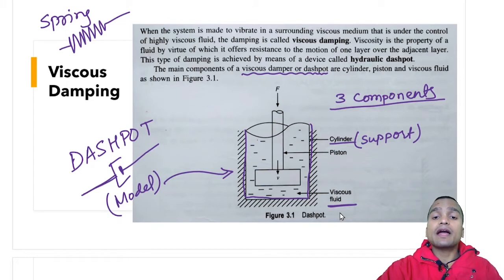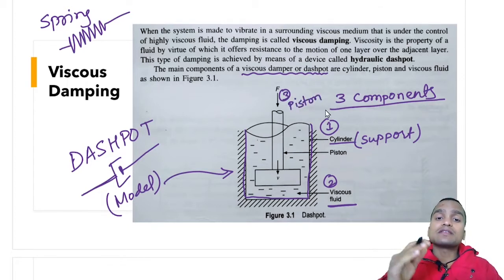In this cylinder filled with viscous fluid we have put a piston. So the first component was the cylinder, the second one was the viscous fluid, and the third one is the piston. This piston is attached to a vibrating system.